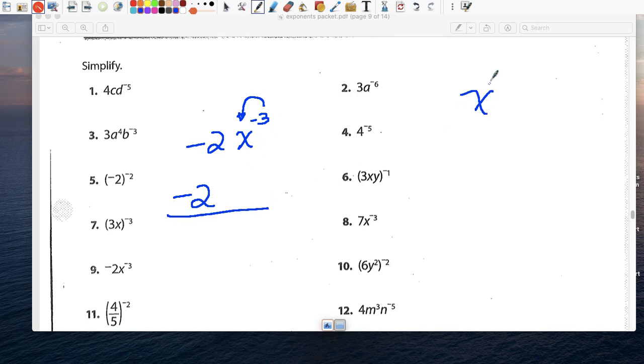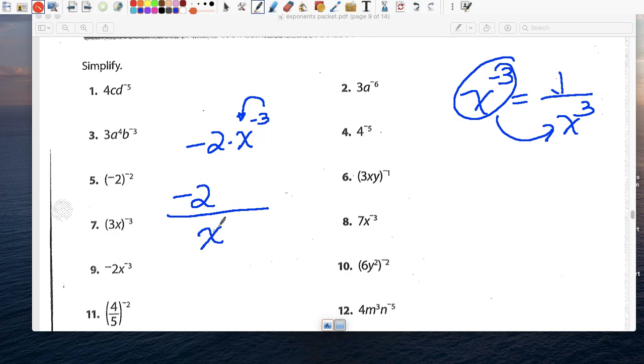So again, remember what we do when it's a negative exponent? We're going to turn it to fraction, and this guy goes to the denominator, and exponent becomes positive. So again, the 2 stays up, but the x to negative 3 is going to go down to the denominator and change the negative to a positive. Okay.